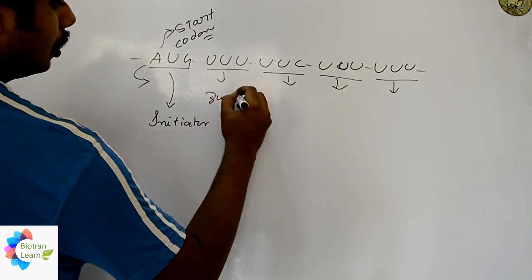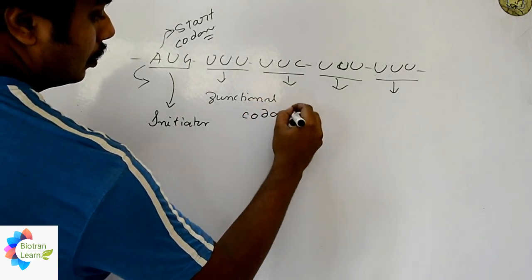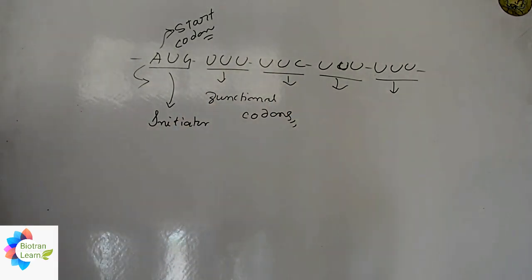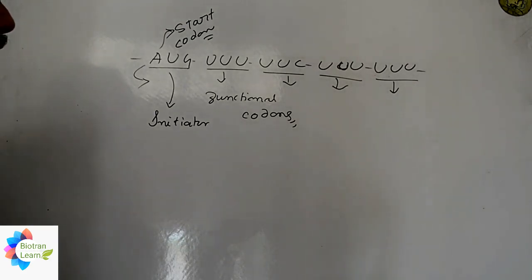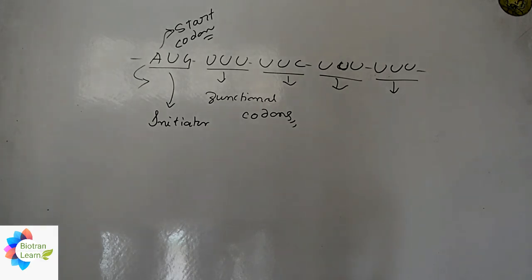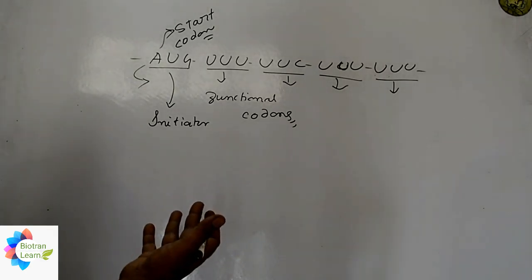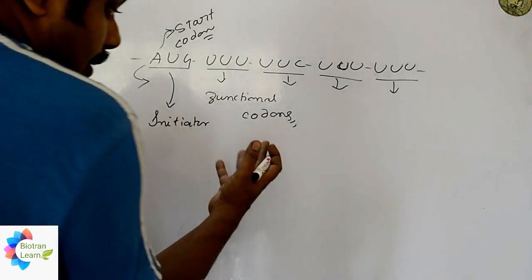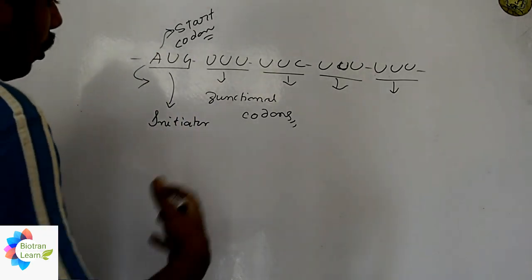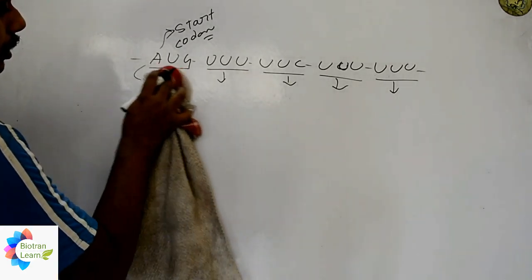These functional codons will prepare certain amino acids and will help to place the charged tRNA in this sequence. And how will it work? Suppose this is the initiator and this is a functional codon.